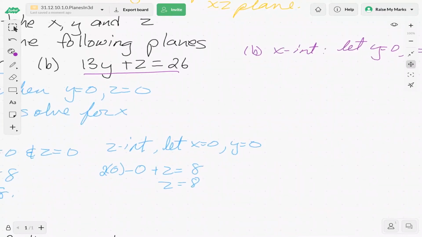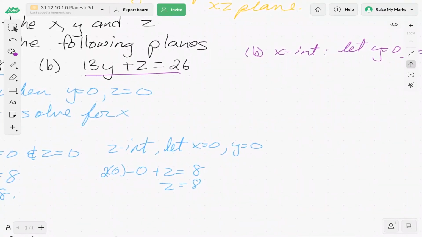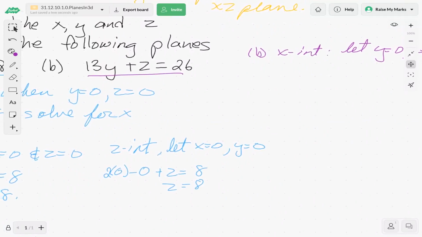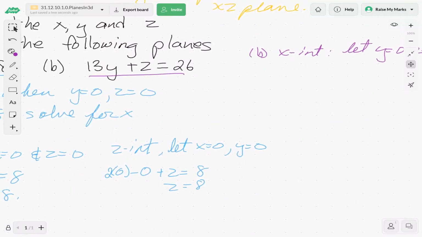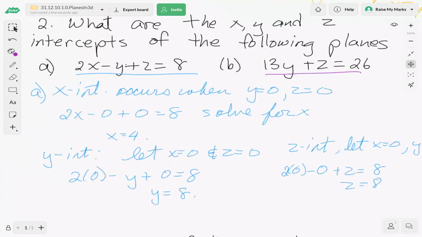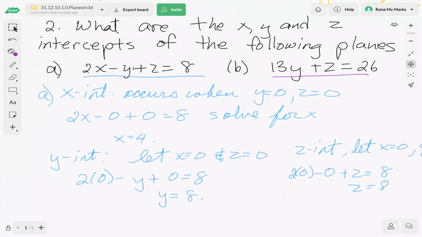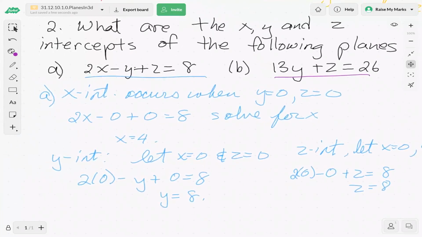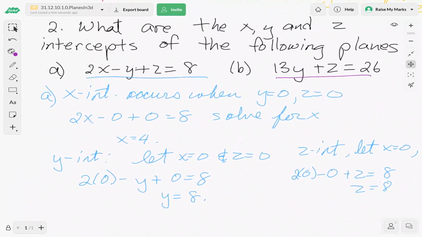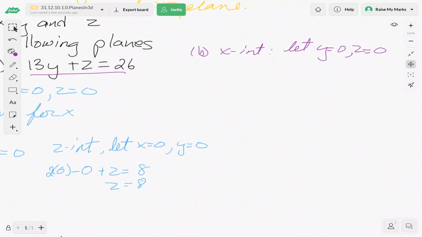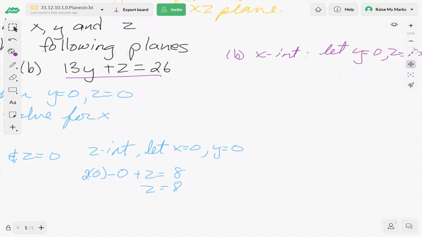Oh, that's interesting. There's no x. Huh. That's very interesting. That's actually a line. Curious. Why don't we put in an x?